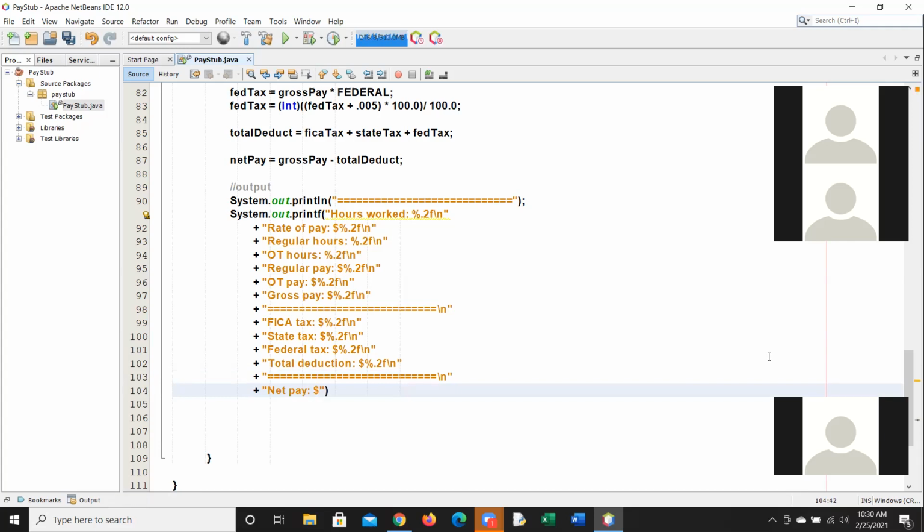It'll just be $ sign, % sign, 0.2f \n. And I'm going to put two \n's there. Okay. And then we're going to close that out and run it. And let's see what we get.